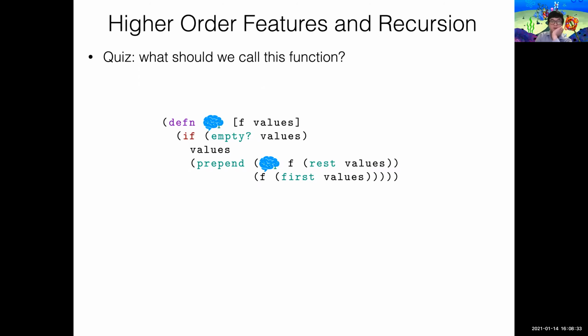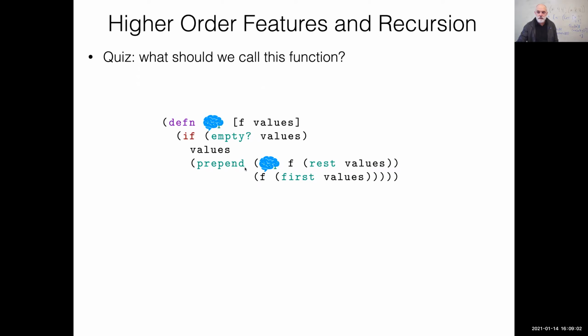It applies a function to every element of the list, and returns a list of the results of evaluating the function on all values in a list. So if you look at what's going on here, f is a function, values is a list, and there's a guard which checks whether the list values is empty. If it is, it returns the list.